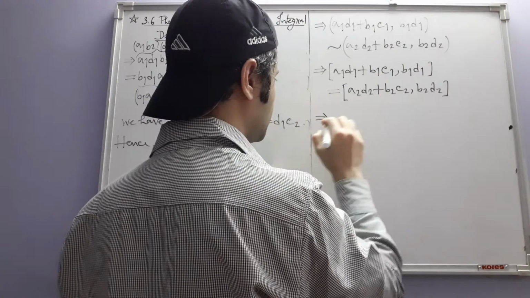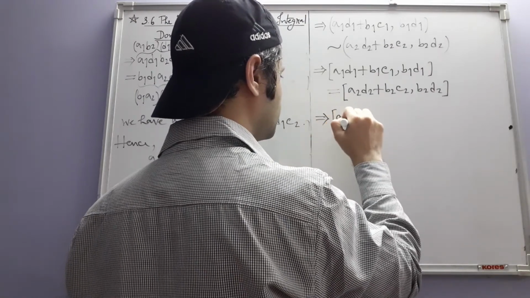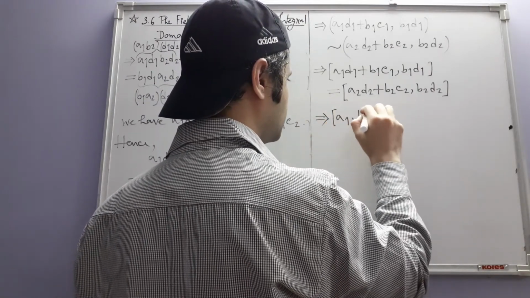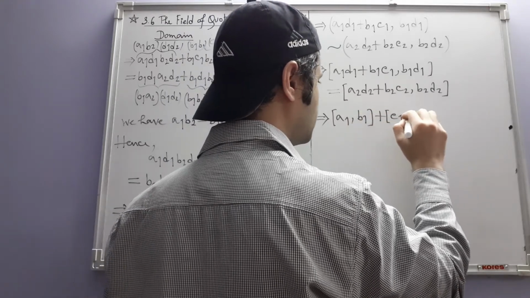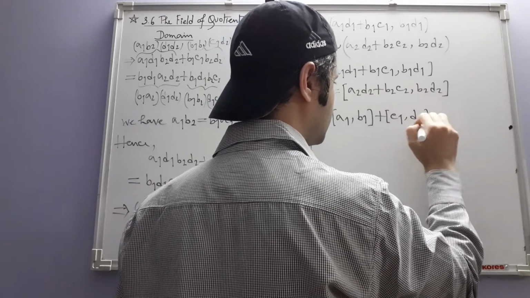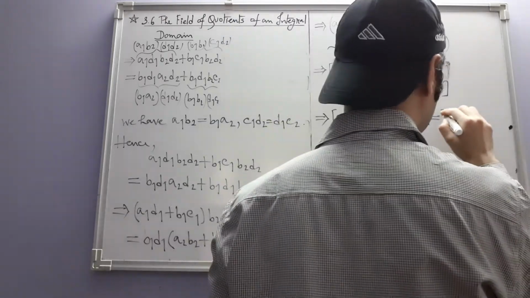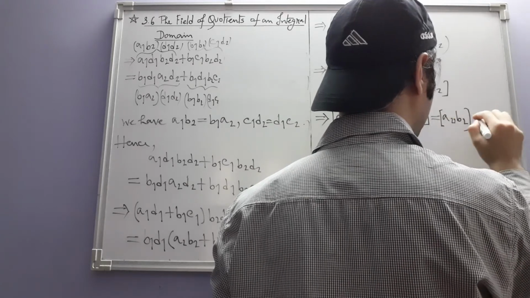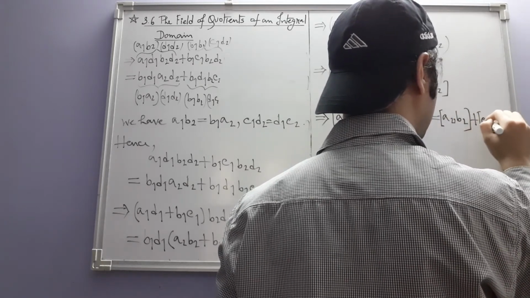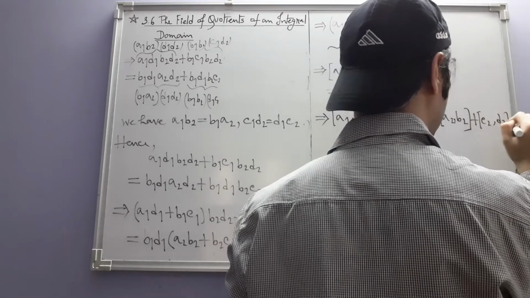Now this is nothing but a1 comma b1 plus c1 comma d1, and this is nothing but a2 comma b2 plus c2 comma d2.